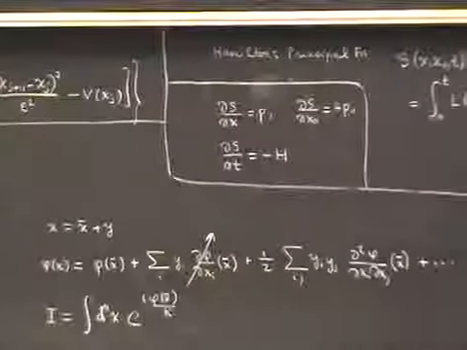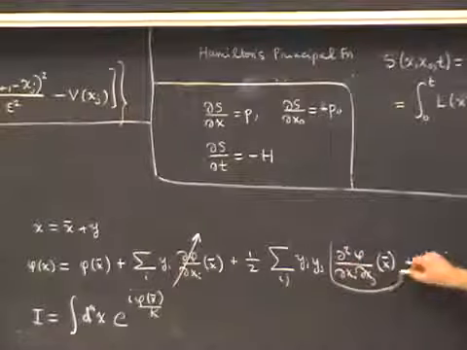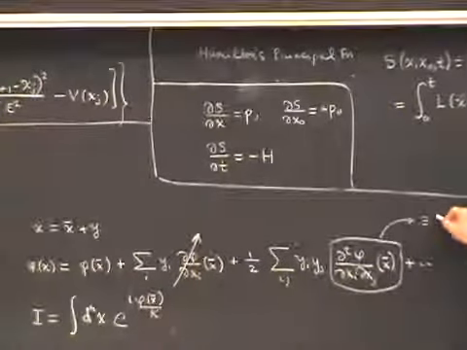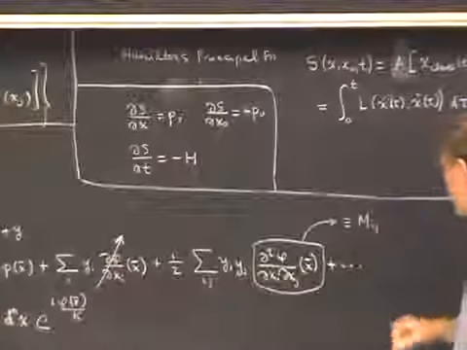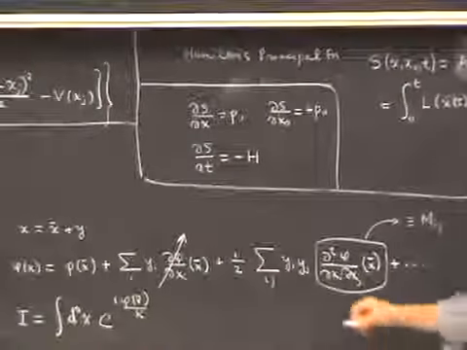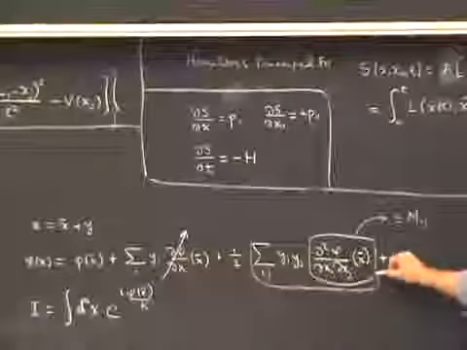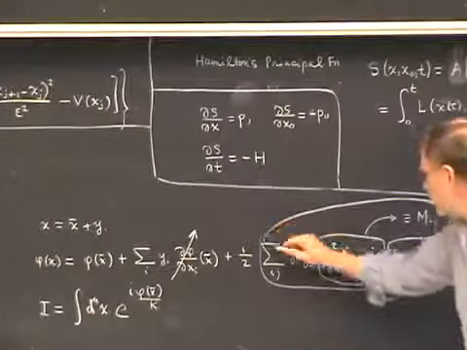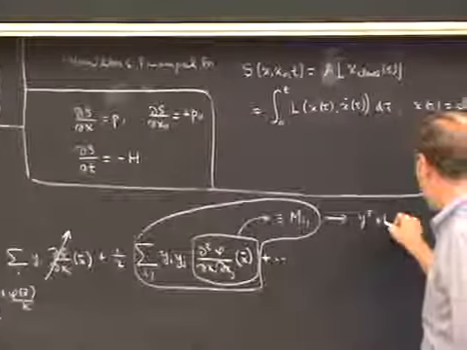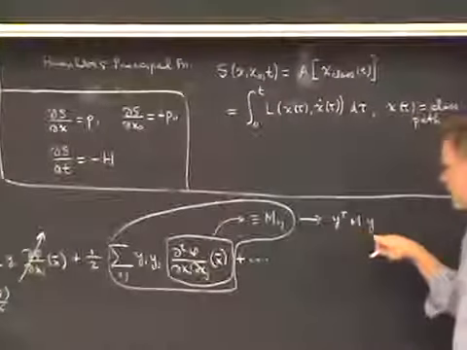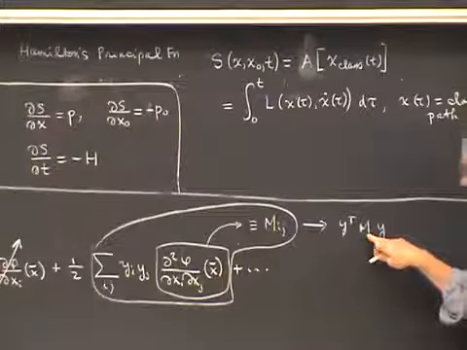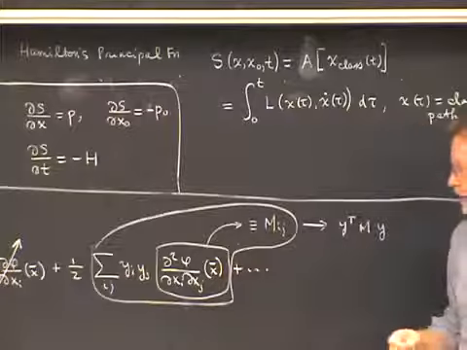To make this a little easier to write, allow me to take this matrix, the second derivative matrix of the phase, evaluated at the stationary phase point, and just define it to be M_ij. M just stands for matrix. That's just to save writing. And likewise, let me take the entire second order expression here and write it as y transpose times M times y, where y is being viewed as an n-dimensional vector, which is being sandwiched around the matrix M. That's just what this whole expression means.